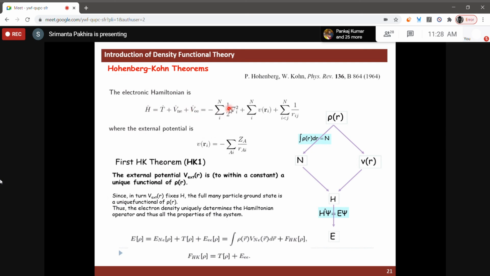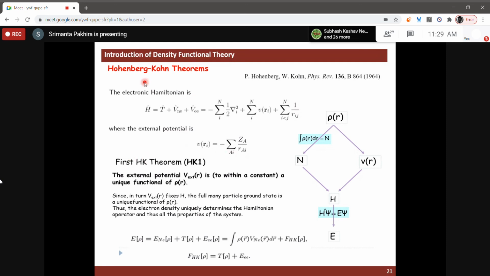The first part, using atomic units, we write in terms of operators, minus half grad of i squared, if we have an electron. Then we write this term using a potential. This is the concept. And the electron repulsion part is here.